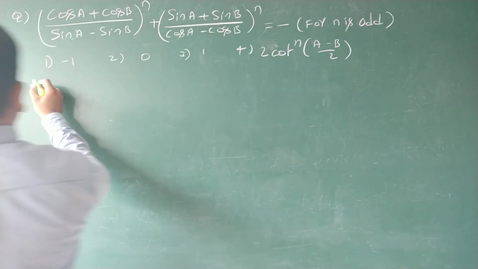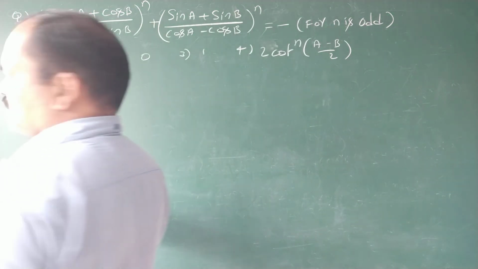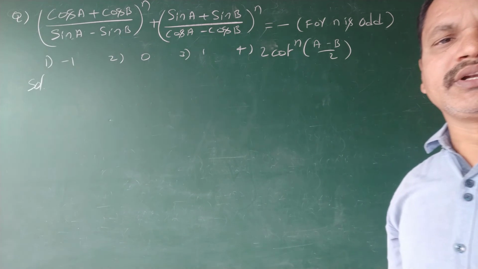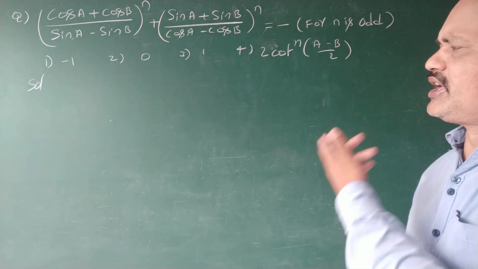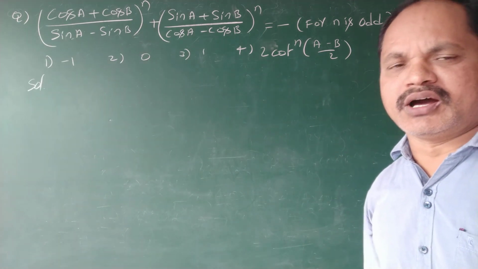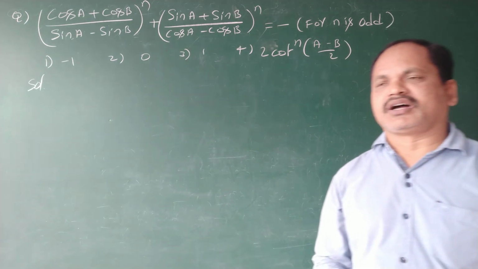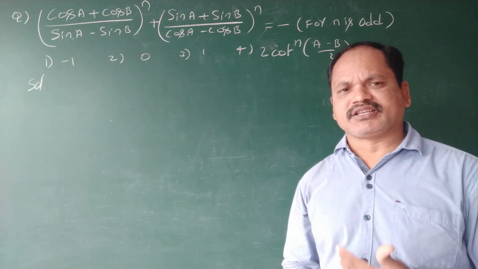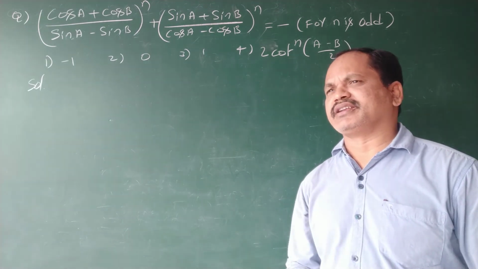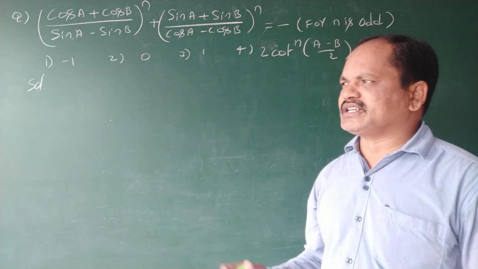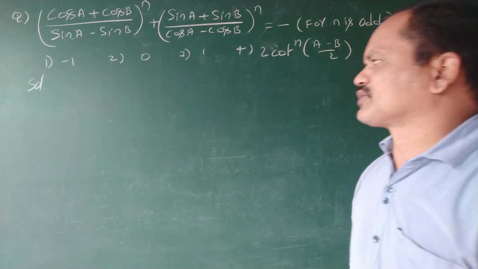Now solution for this question. Observe, we have to take the expression and apply the formulas, that is cos c plus cos d and sin c plus sin d, cos c minus cos d and sin c minus sin d. So by using these applications we have to do this question.